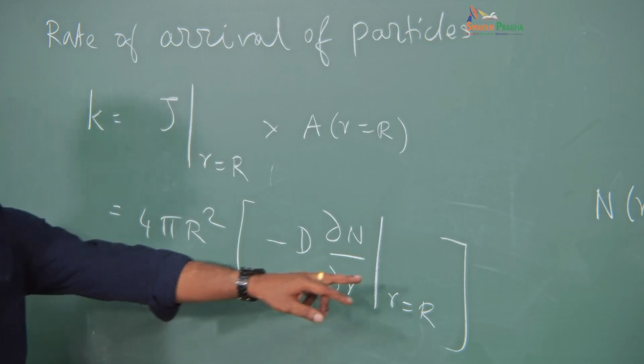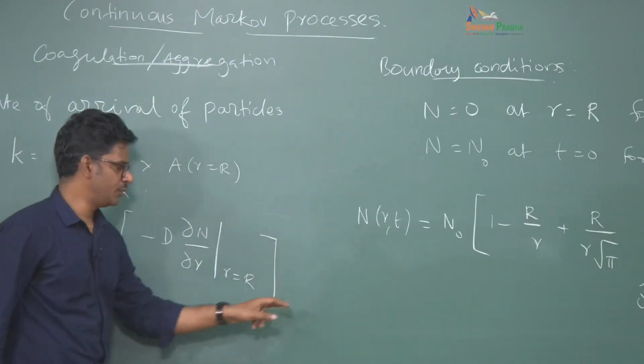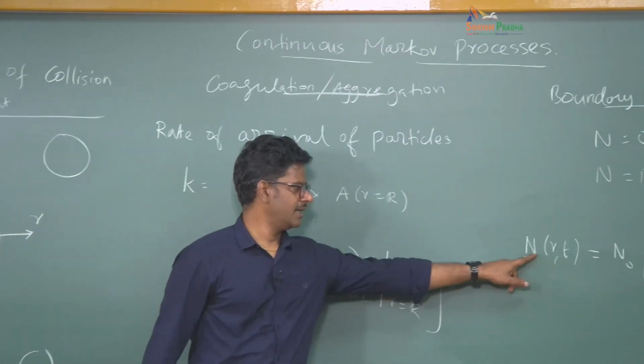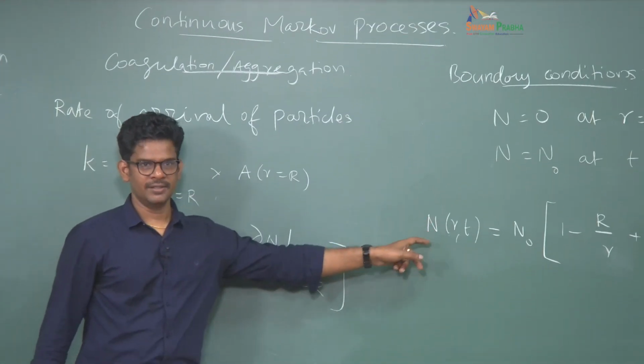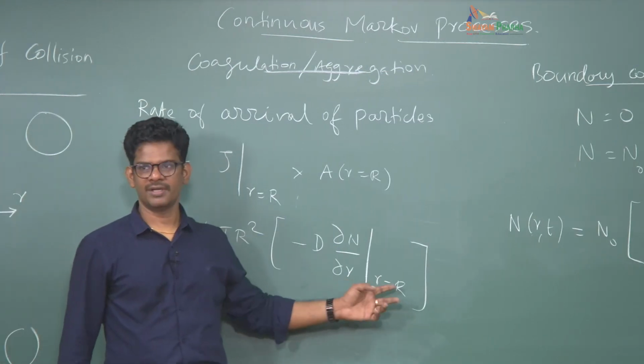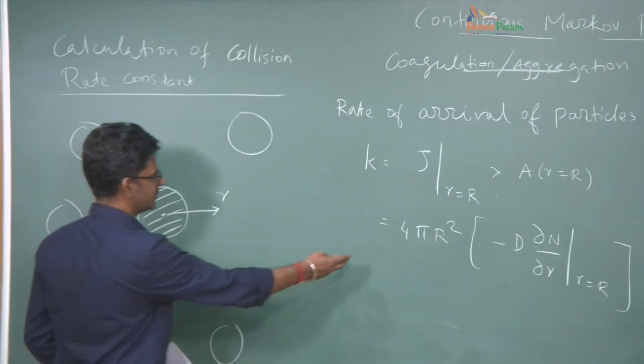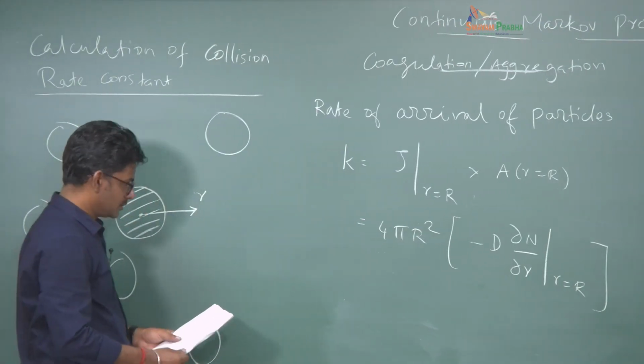Now you see I have already got n as a function of r and t. What I should be able to do is take this n derivative with respect to r and then evaluate that derivative at small r equal to capital R. If you do that, and then you have this 4 pi r square, you would get this term.